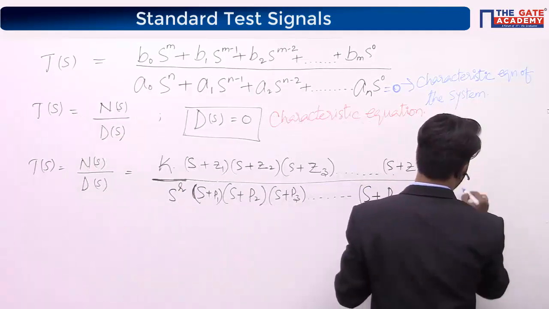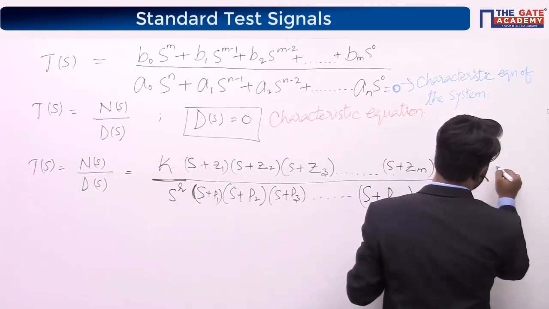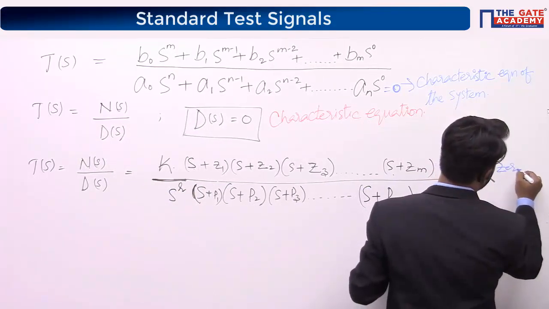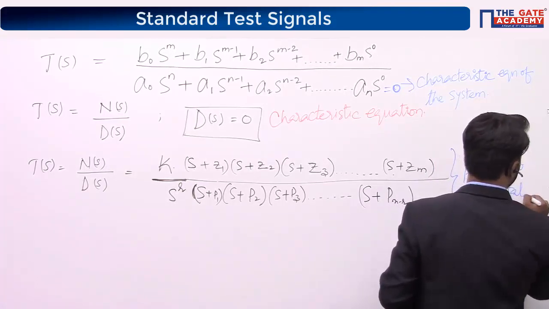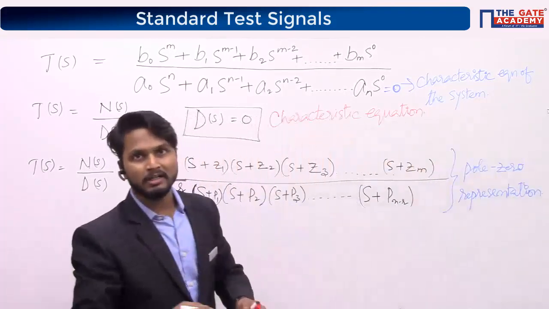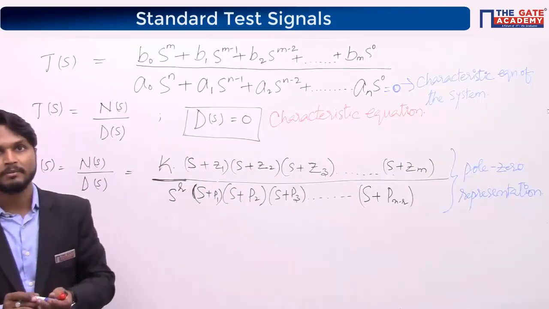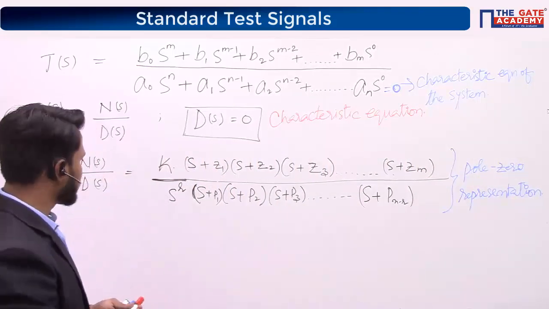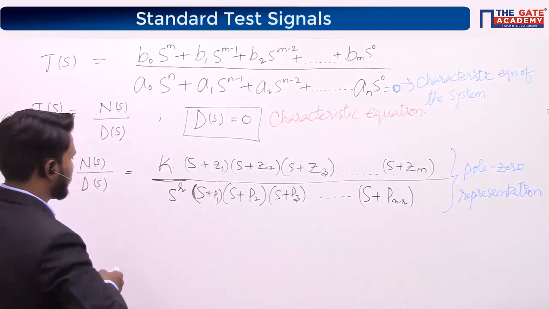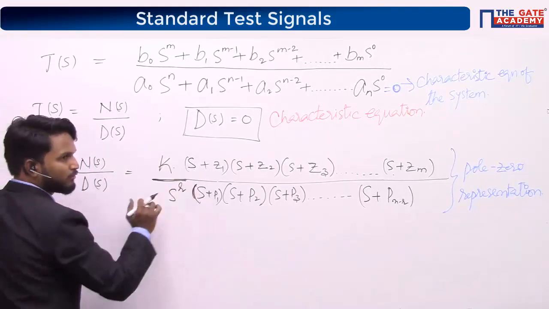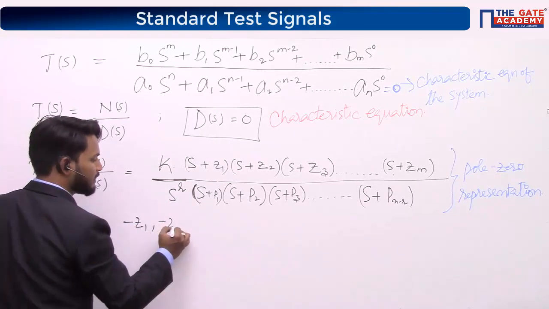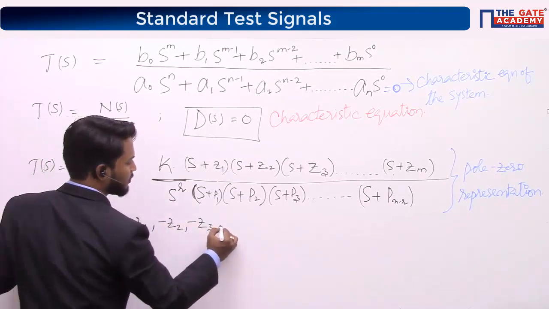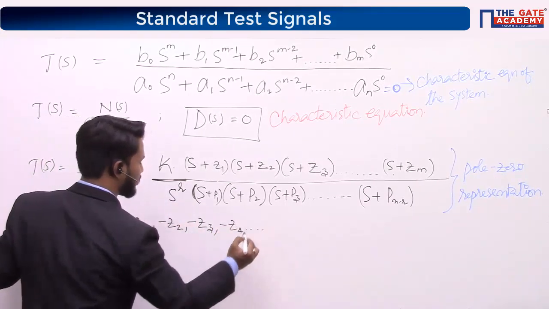This form is called the pole zero representation. Why is it called the pole zero representation? See here, the roots of the numerator polynomial are minus Z1, minus Z2, minus Z3, minus Z4, and so on.